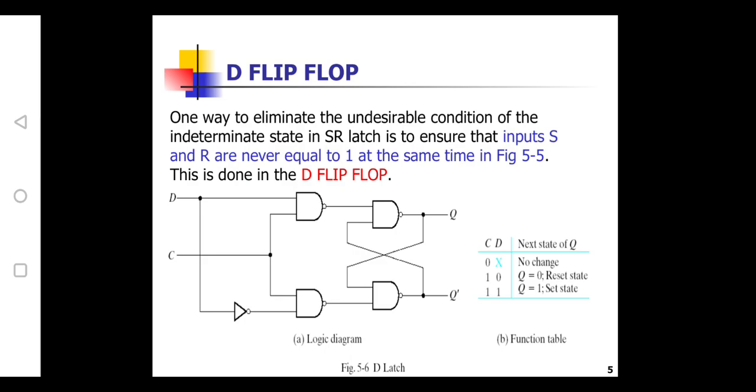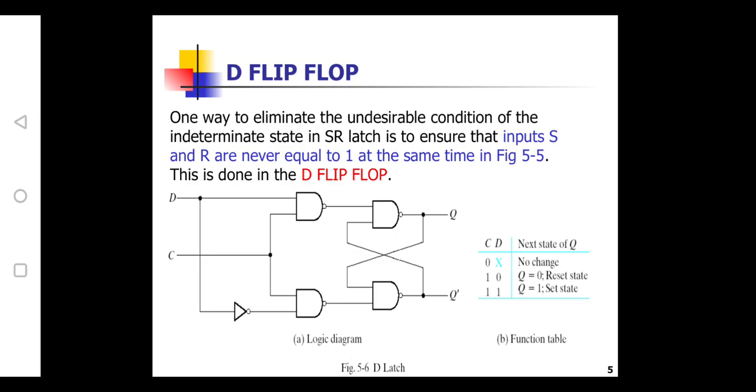That is, when S is 0, D will be 0 and R will be equivalent to 1. As both are complements of each other, it has only one state, whether it may be 0 or 1.